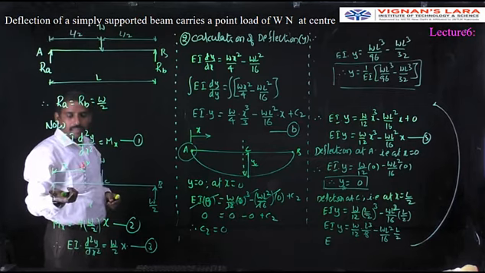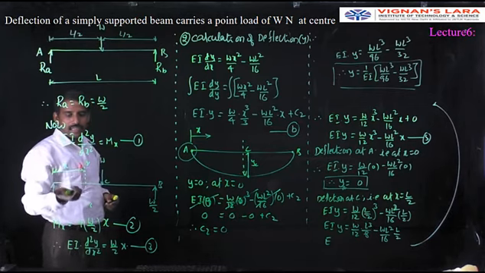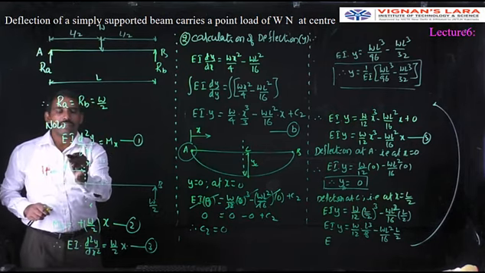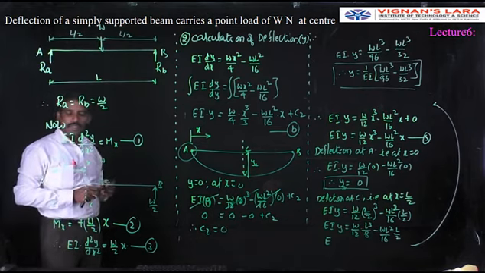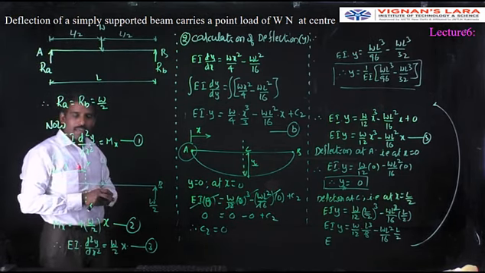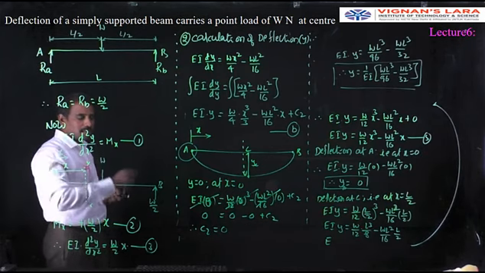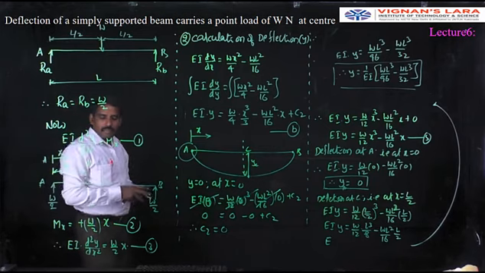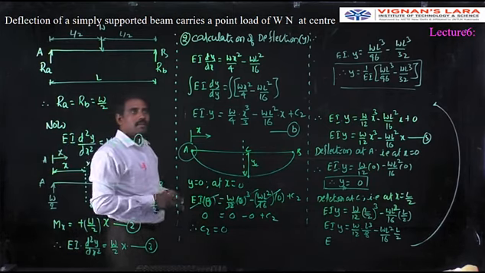For that we consider section xx at a distance x from A, and consider the origin at A. Consider the origin at A means x value begins with 0 from A and increases towards the right. Then you substitute the Mx value in equation number 1.